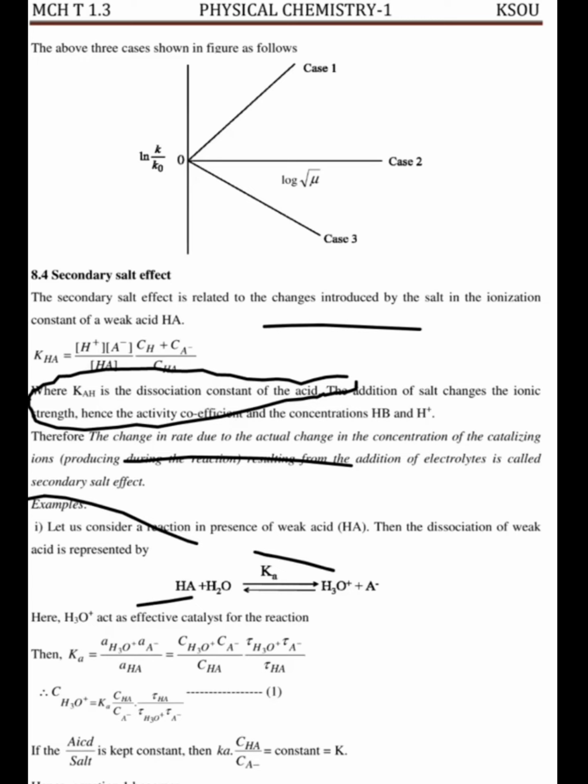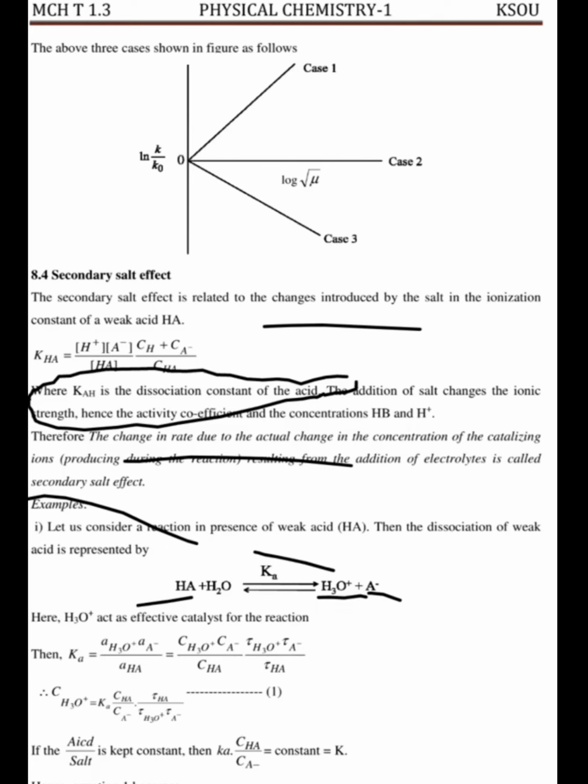When water is added, what happens? It dissociates to give hydronium ion. Here H3O plus, that is the hydronium ion, we have taken, and the rate constant can be calculated. For the product, we are going to calculate the rate constant, that is, at what rate the reaction takes place for the product to form.